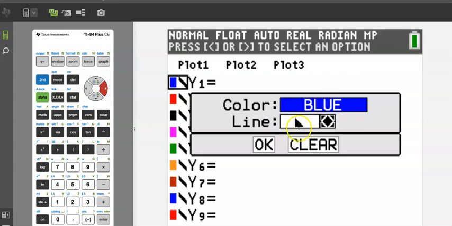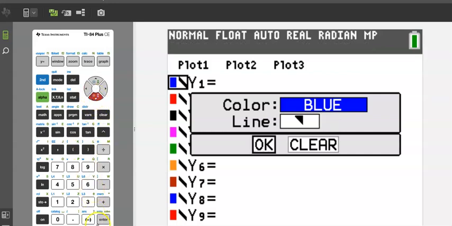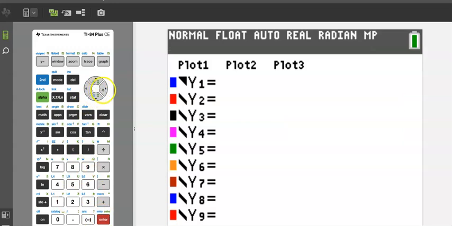So the lower triangle is the symbol that's used for less than symbols. The top triangle right here is the symbol that's used for greater thans. So since our symbol is greater than, that's the symbol we want. We're going to come down and say OK. Now our calculator will shade for us.